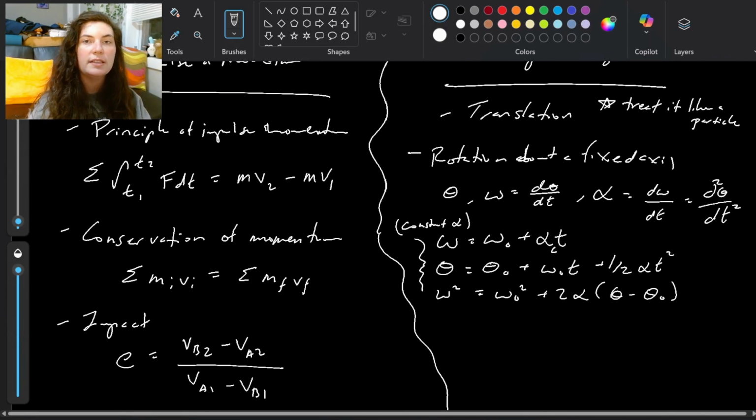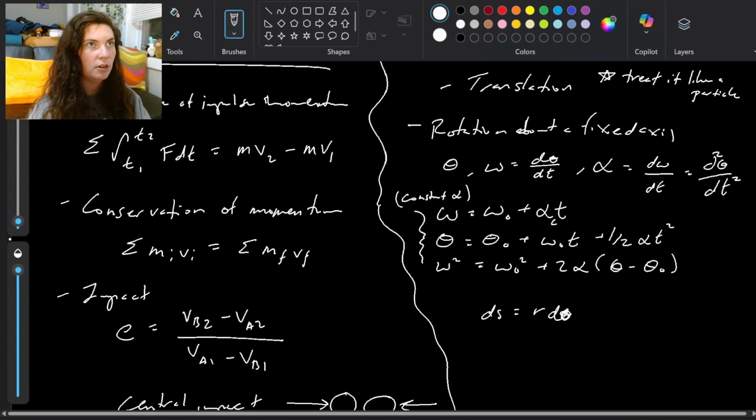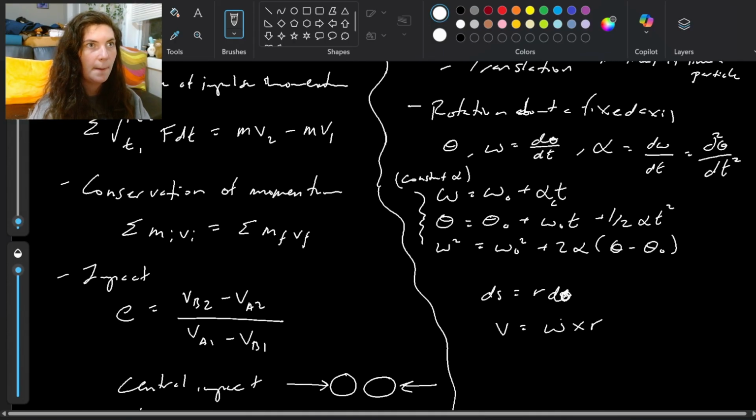And then we also translated these back and forth between our linear position, velocity, acceleration and our angular position, velocity, acceleration, where we said ds equals r d theta to get between our different positions. Velocity is angular velocity cross product with the radius or position vector r.